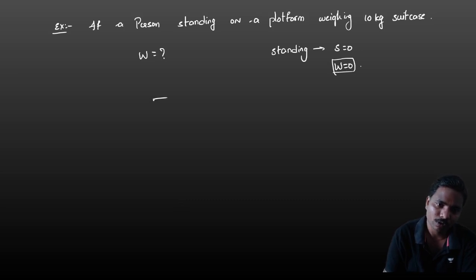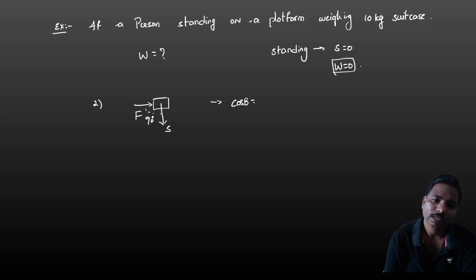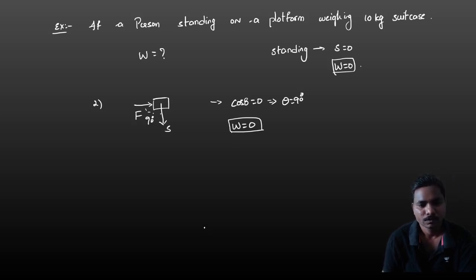For example, if you apply the force in this direction and your displacement is in this direction, then what is the angle? 90 degrees. So in this case also cos theta is equal to 0 because theta is equal to 90 degrees, so work done is said to be 0 according to physics.